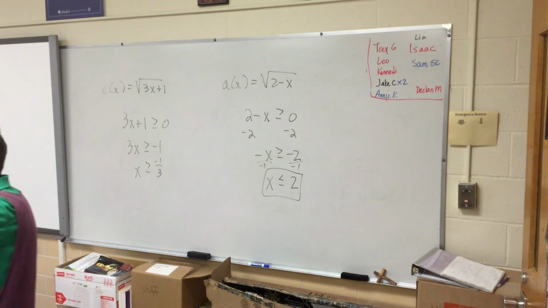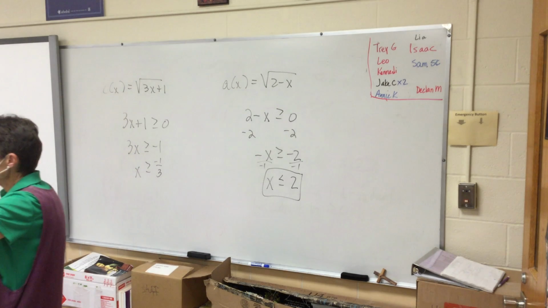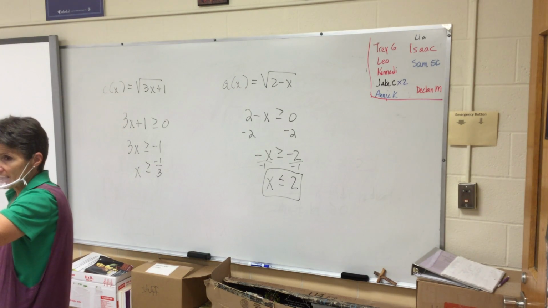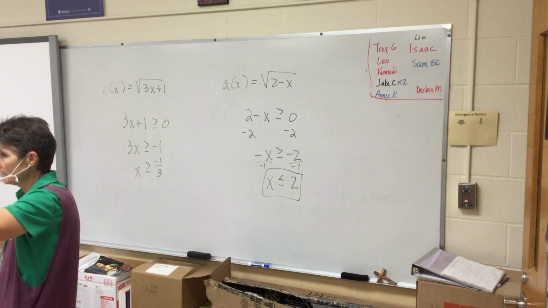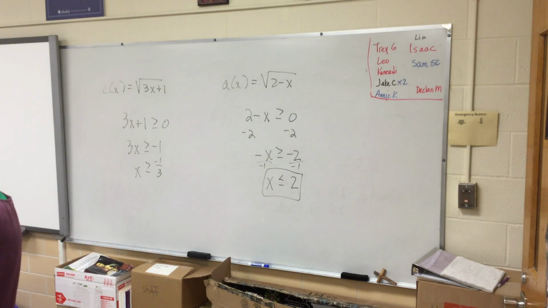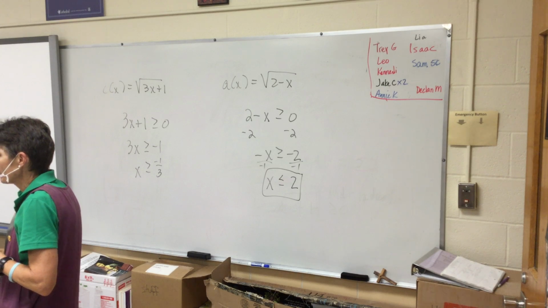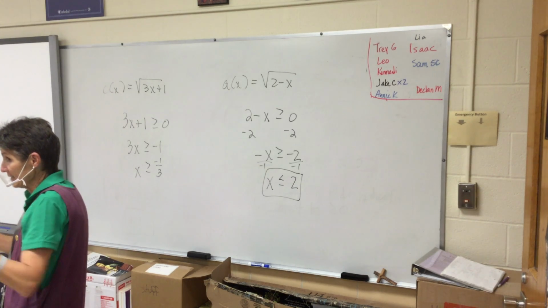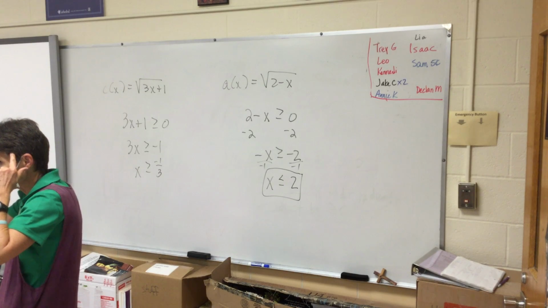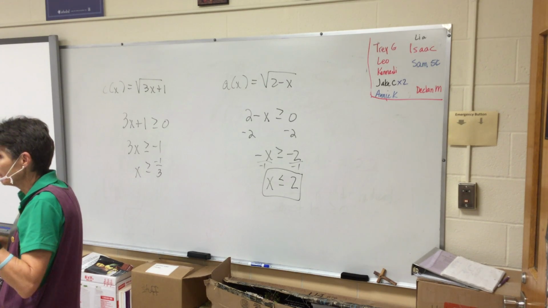And what's the second rule? Whatever is under the radical sign, forget about the rest of the problem, has to be greater than or equal to 0. That's it for domain. Those are the two things you have to remember when you look at a problem.